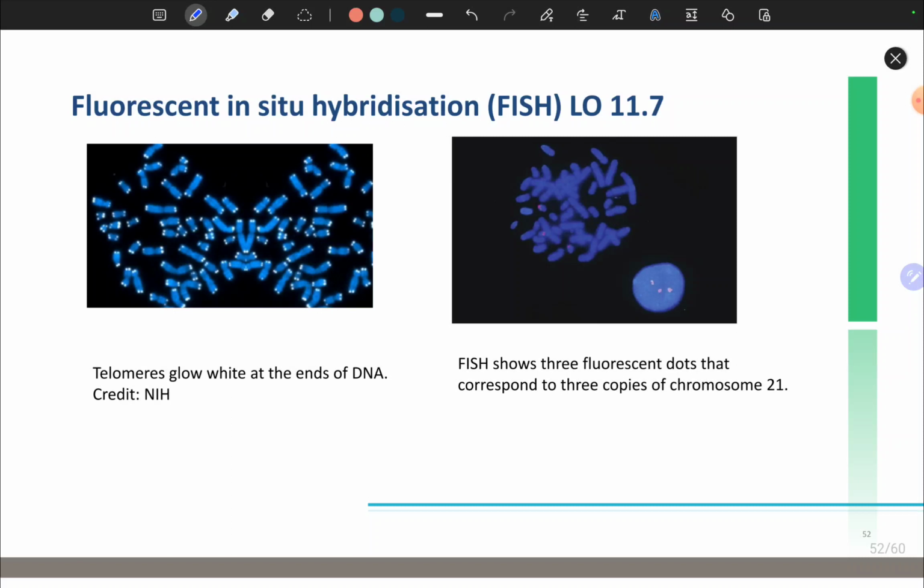So this is telomeres. In this case, they use dyes for the telomere. So the dye will attach to the telomere. So telomere glows towards the end of the DNA. Also here we have FISH showing 3 chromosome dots that correspond to 3 copies of chromosome.